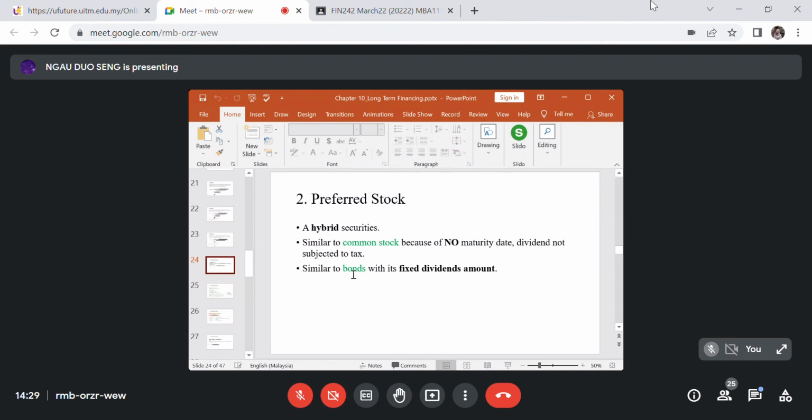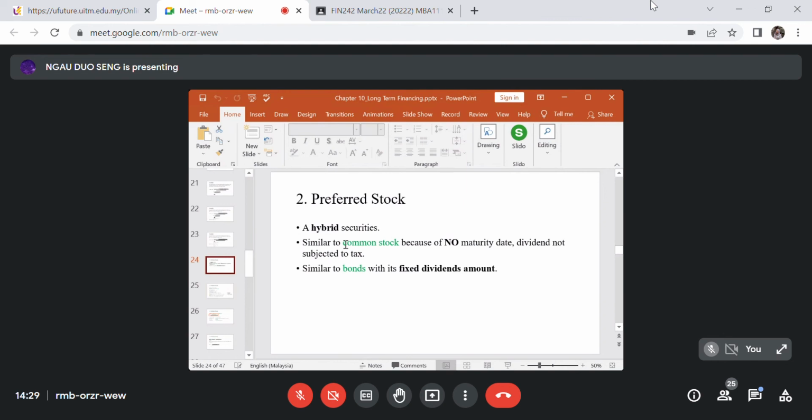Number 2, similar to bond with its fixed dividend amount, right? Fixed. So meaning that dia macam bond, as we explain, dia akan bayar contoh 50 setiap tahun, alright, until dia expired. Yang itu untuk bond.